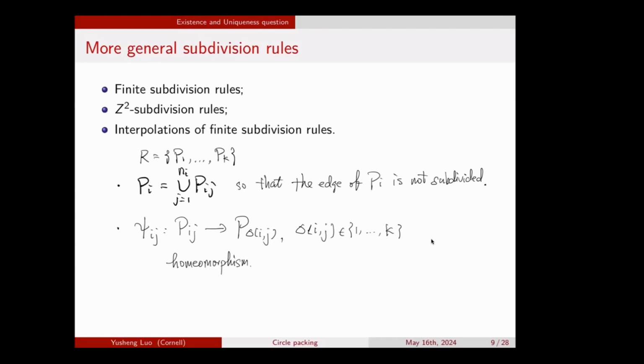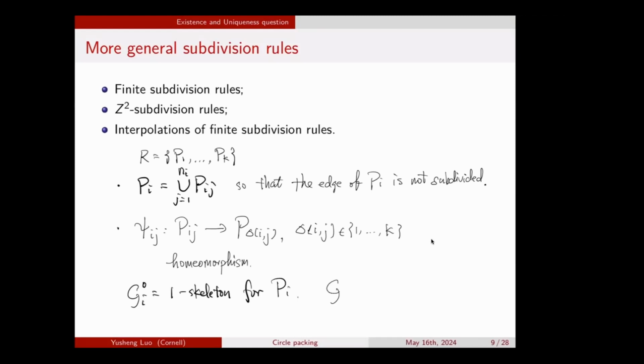Right, so because the edge is not subdivided, the one skeleton of P1 or Pi can be embedded into the one skeleton of the subdivided graph. Okay, so we are going to set G0 to be the one skeleton for Pi.